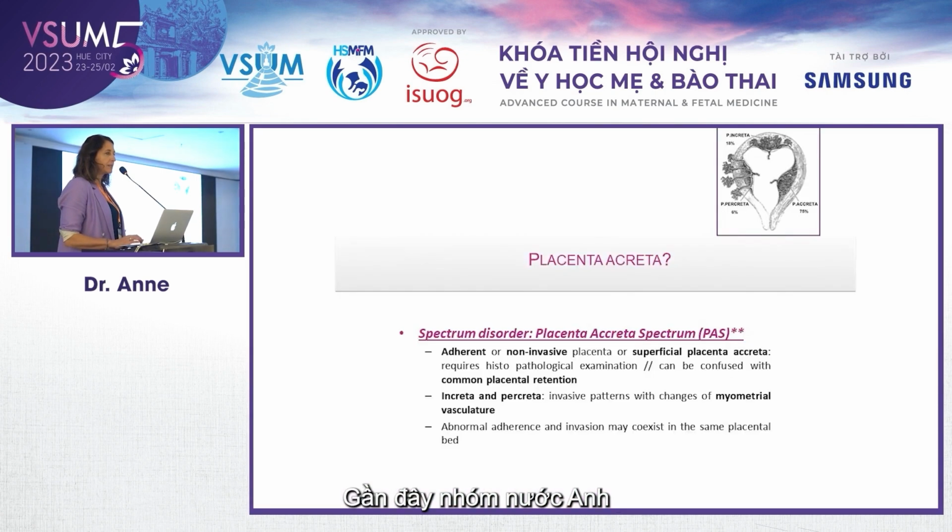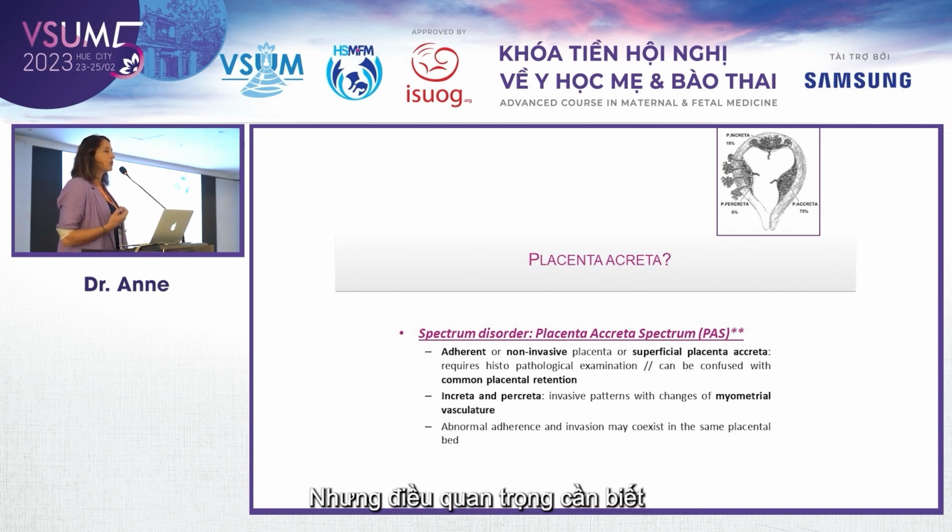Recently, especially the English team decided to talk about a spectrum disorder and not placenta accreta, which reflects all these thoughts about the continuum between superficial adhesion, that is, adherent or non-invasive or superficial placenta accreta, and the most severe forms, increta and percreta.